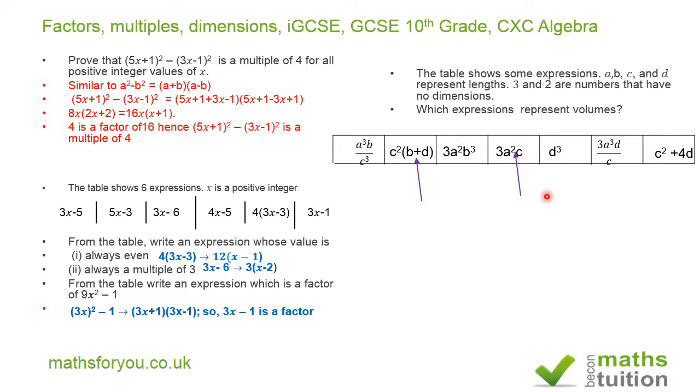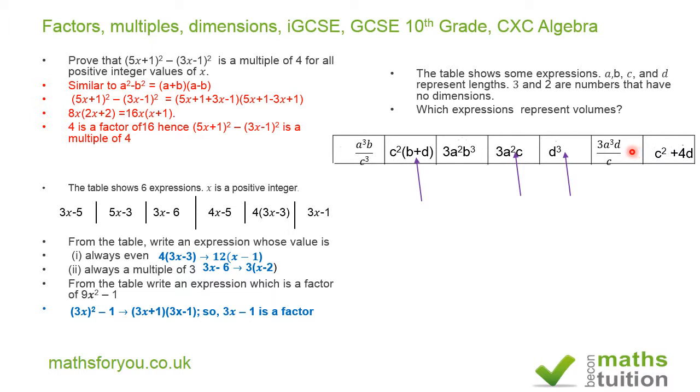Now for d cubed, there's no argument about this one. It's d to the power 3, so that in itself is volume. Now in this case, we've got a cubed d, so a cubed times d to the power 1.